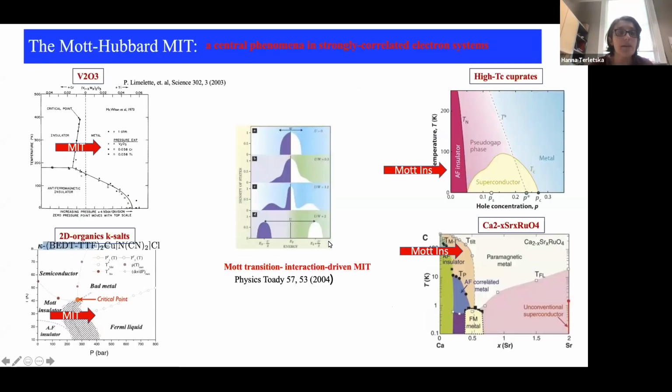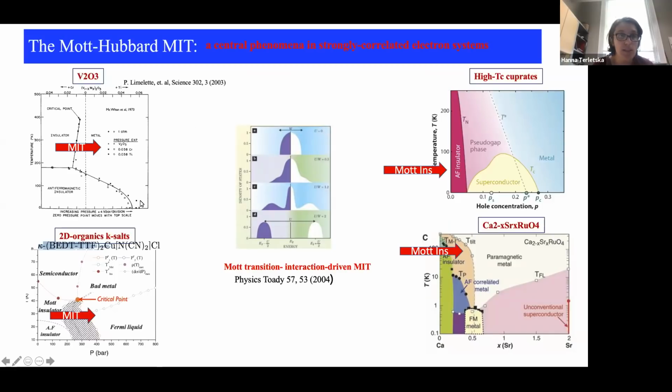Okay, now one of the most fundamental phenomena seen in strongly correlated electron systems is, of course, the Mott-Hubbard metal-insulator transition. And it has been seen in a variety of correlated materials. I show here the phase diagram for some of them.